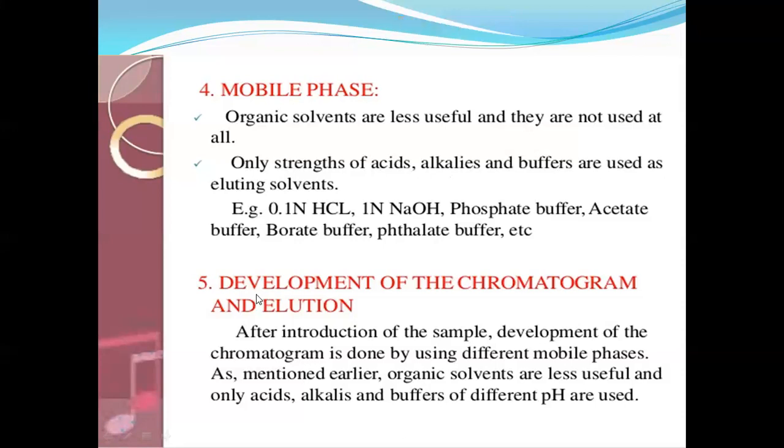And next, development of chromatogram and elution. Once our column is prepared, we introduce the reaction mixture which is to be separated on the surface of our column. After introducing the reaction mixture at the surface of the stationary phase, due to the differential adsorption extents or differential adsorption affinities between the ions and the adsorbent, here the adsorbent is our ion exchanger, ion exchange takes place.